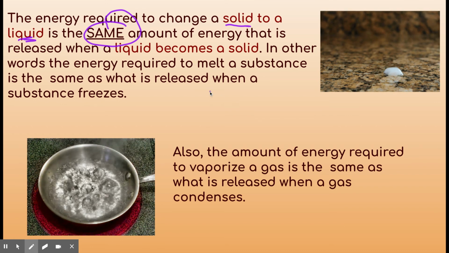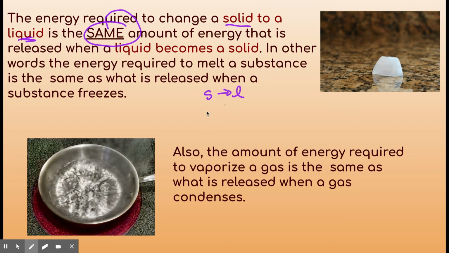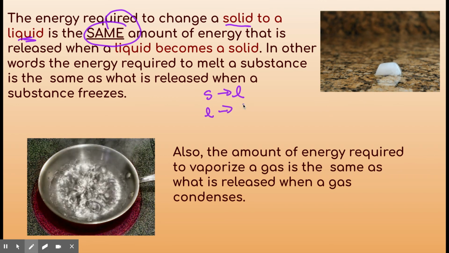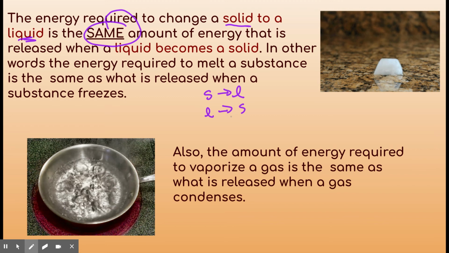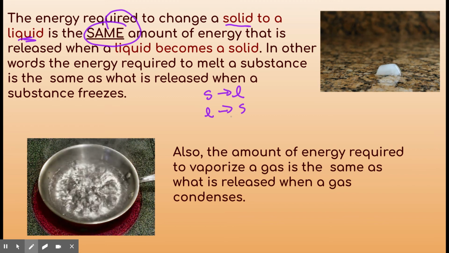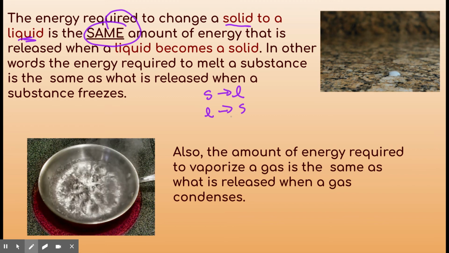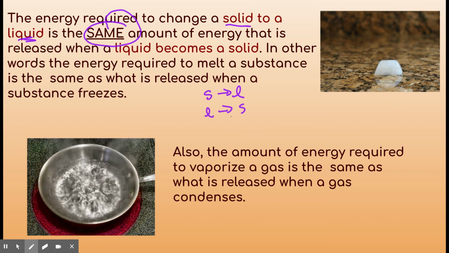So solid to a liquid or liquid to a solid, the amount of energy is the exact same. And that energy is either going to be released or absorbed depending on which way it is going.